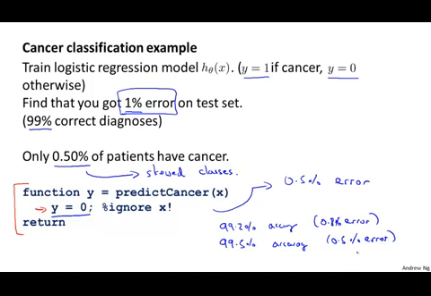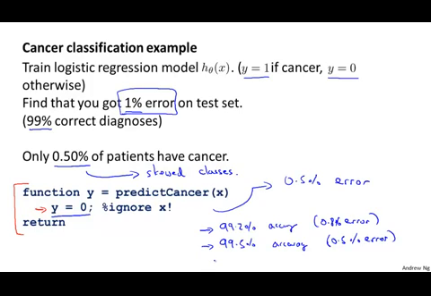So is this an improvement to the algorithm or not? One of the nice things about having a single real number evaluation metric is this helps us to quickly decide if we just made a good change to the algorithm or not. By going from 99.2% accuracy to 99.5% accuracy, did we just do something useful, or did we just replace our code with something that just predicts y equals 0 more often?